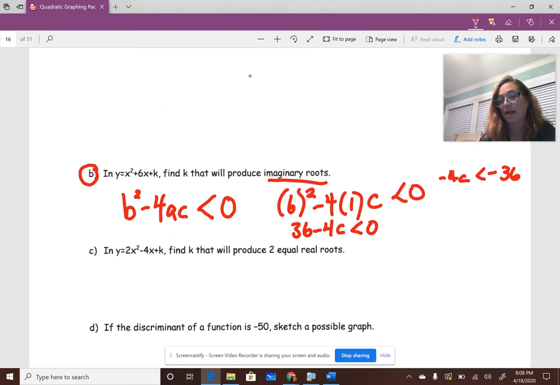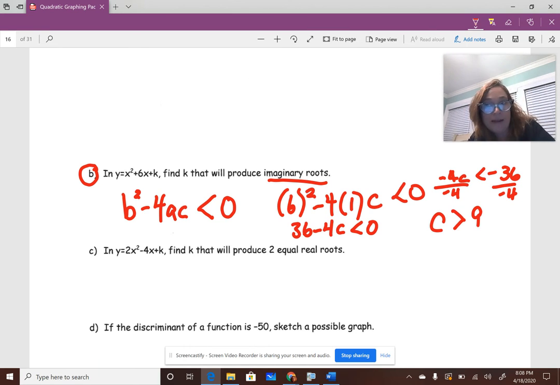Subtract 36, subtract 36. Divide by negative 4. When you divide by a negative, you flip it. So c has to be greater than 9. So any number greater than 9, 9.1, 10, 1,000, that's going to produce imaginary roots. It's k in the equation, okay?